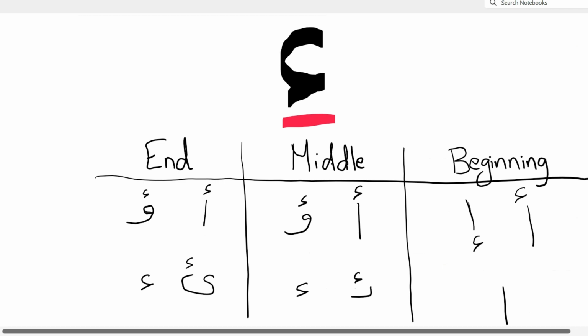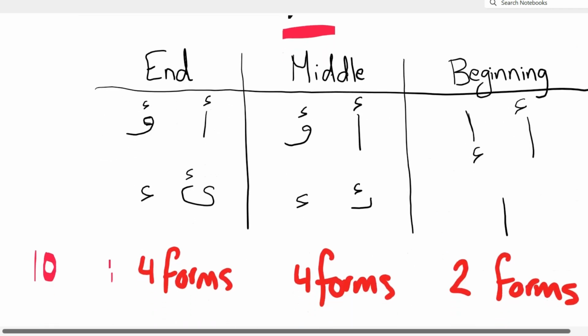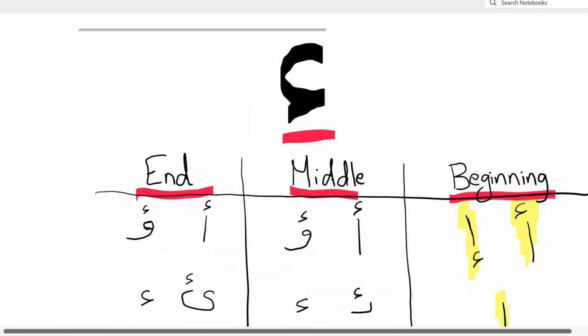Hamza. So the hamza comes in different forms depending on the position in the word. Is it in the beginning, in the middle, or the end? In the beginning of the word, we have two forms, without the shape that we just saw.